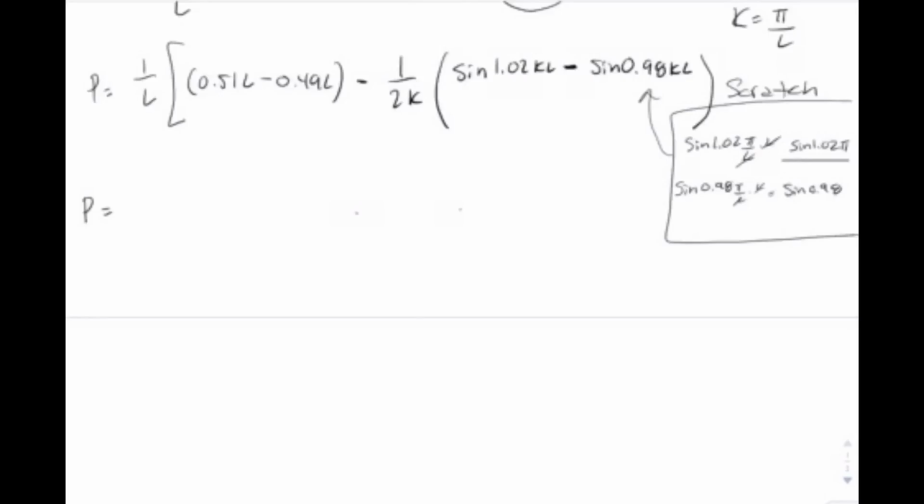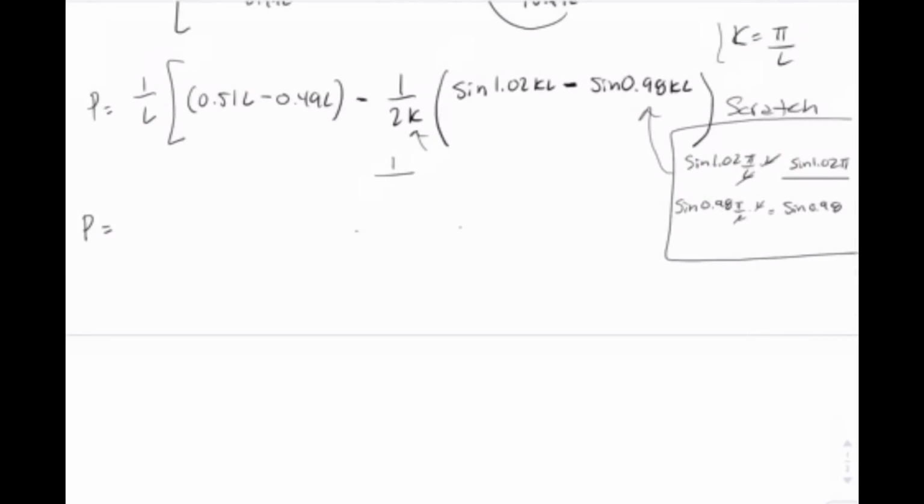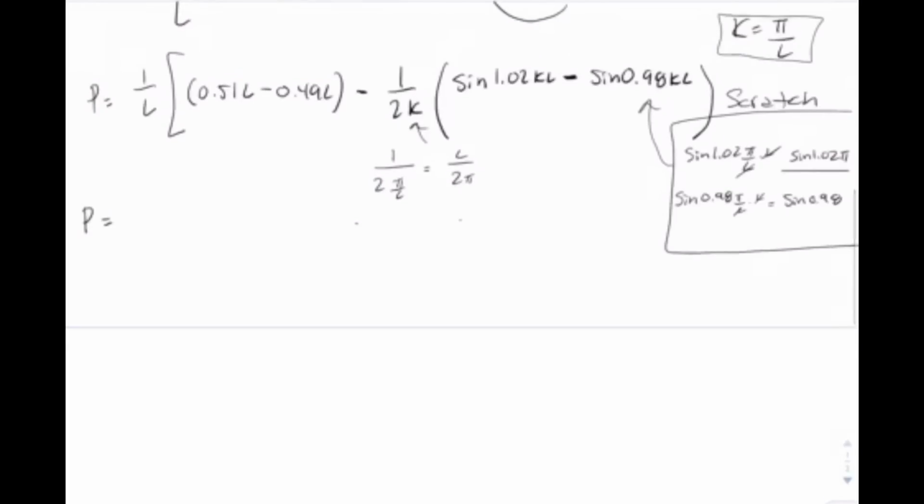So we need to keep in mind that we have a k over here. So we also need to apply what this k equals, pi over L. So we have 2 pi over L, which we can just further simplify to L over 2 pi. So now we can go ahead and rewrite, simplify, and do the algebra.